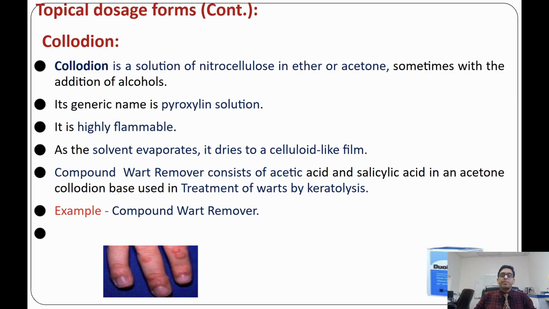As the solvent evaporates, it dries to a celluloid-like film over the application area. Compound wart remover consists of acetic acid and salicylic acid in an acetone collodion base, used for treatment of warts and keratolysis. Example, compound wart removers.